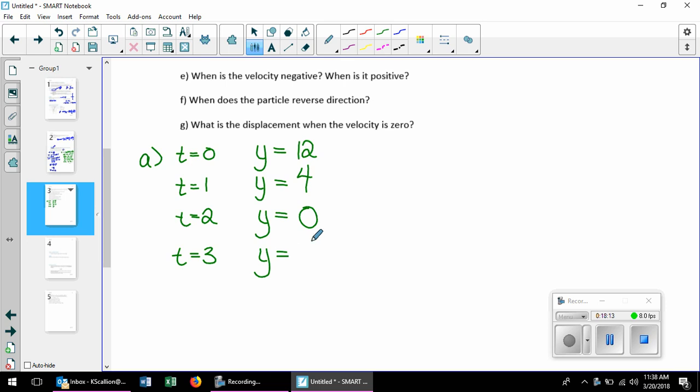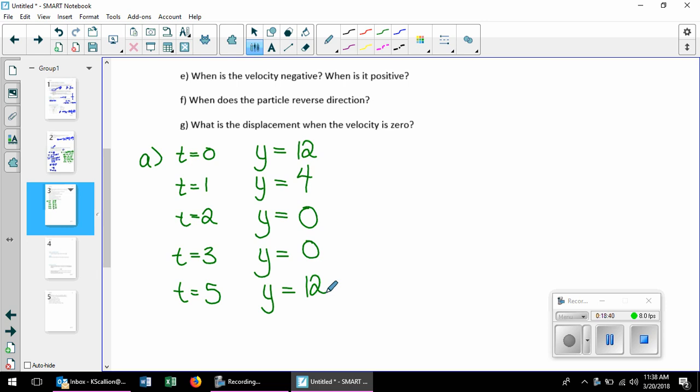There. And then the last one was when t equals 5, y is? It is 12. Proud of you. Proud of you guys. Anybody want to hedge a bet with what y is when t equals 4?